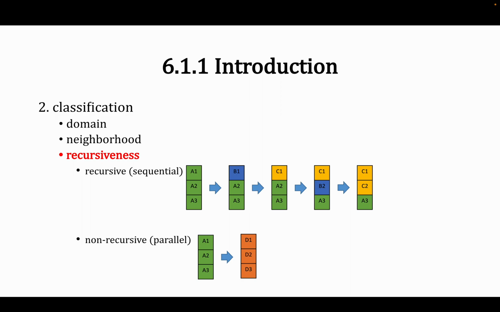For recursive neighborhood operators, the output will depend in part on previously generated output values. So this is the difference. In terms of memory, you can think of a recursive operator as sequential, and a non-recursive neighborhood operator as parallel.